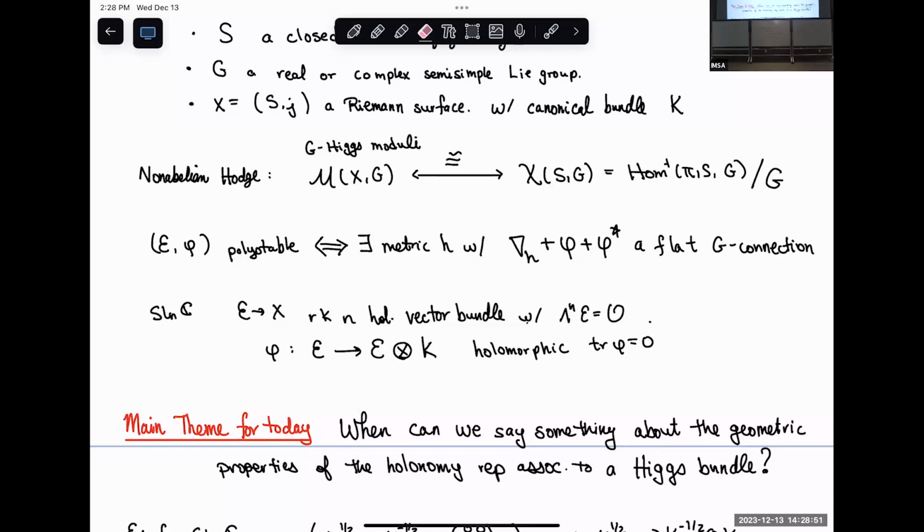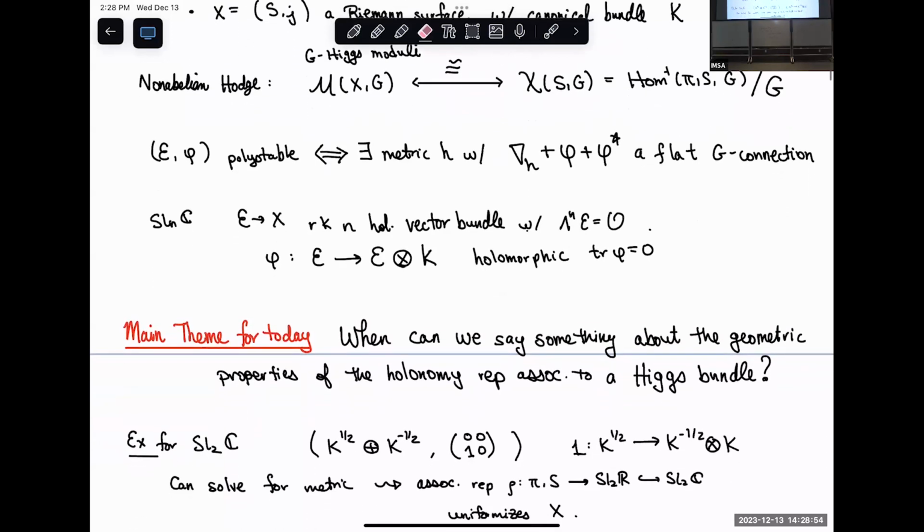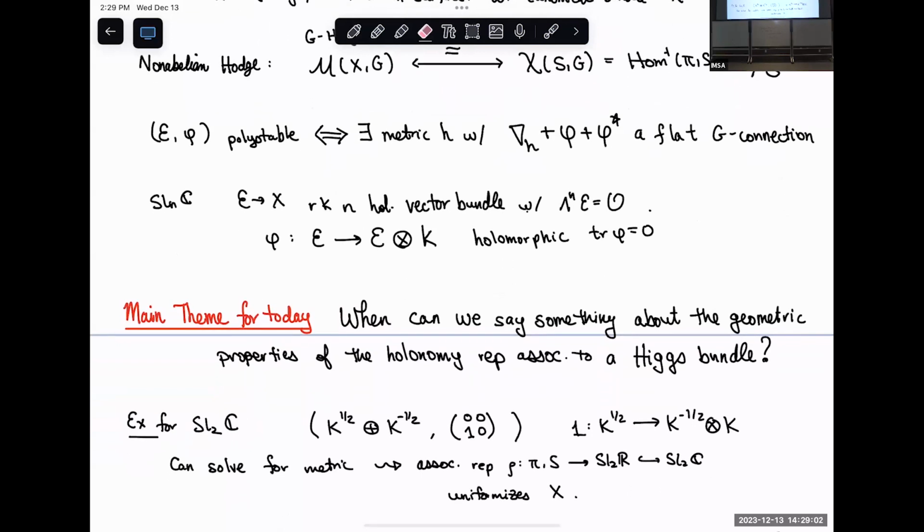Okay, so the first example, which is a huge success, appears in the original paper on Higgs bundles. For this very specific Higgs bundle, it's a very easy first example you write down because it's line bundles and everything you can write as a matrix, but it's also the most important example of a Higgs bundle. So I take K^{1/2} plus K^{-1/2}, and I take this Higgs field, where I'm thinking of 1 as a map from K^{1/2} to K^{-1/2} twisted by K. In this case, Hitchin solved the equations.